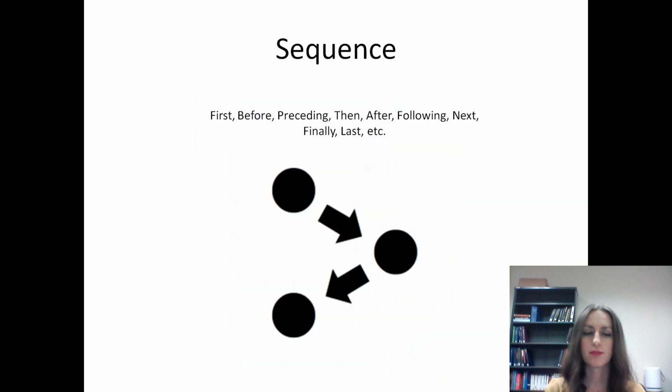Okay, first, we have the idea of sequence, all right? These are words or structures that help organize the text for you, either organized by time or by importance or some other facet.